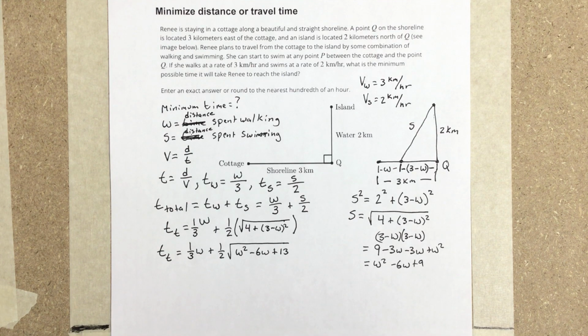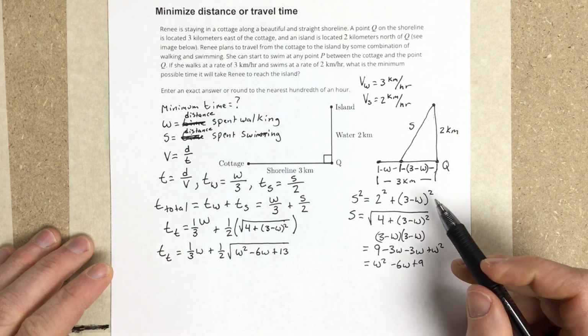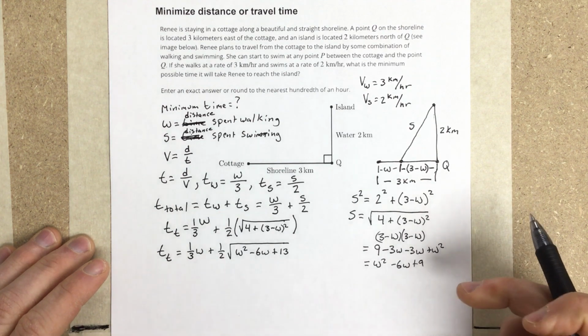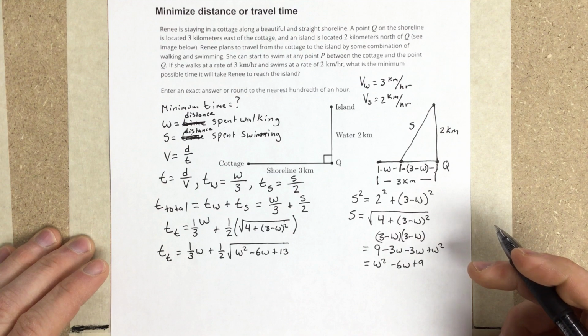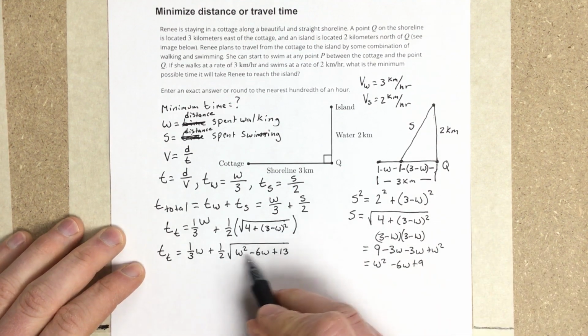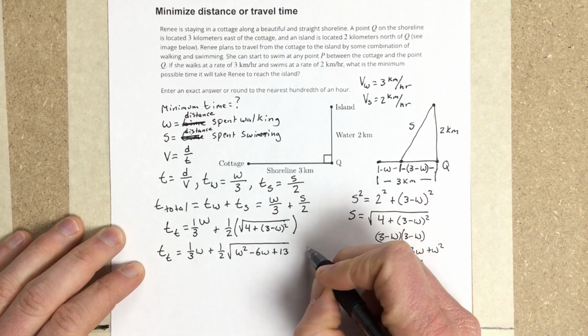Okay, now we're going to go ahead and take the derivative. So one thing we want to do before we take the derivative is we want to notice that we have a restriction on our w value.